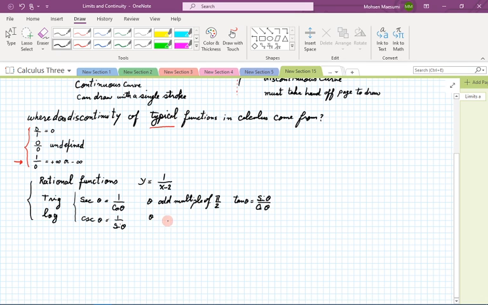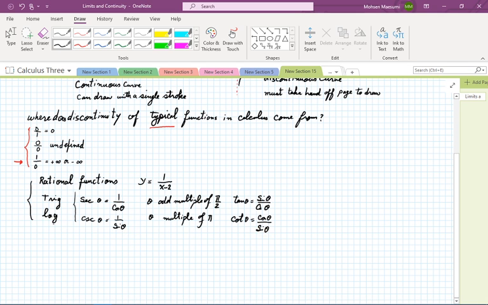If theta is a multiple of pi, or you can think of it as an even multiple of pi over 2, there is a discontinuity. And cotangent suffers from the same problem because it is the ratio of cosine of theta over sine of theta. In both of these cases, when sine is 0, we have discontinuity.